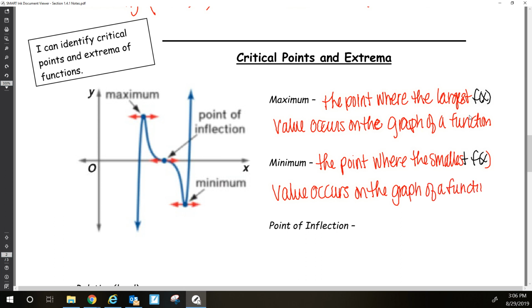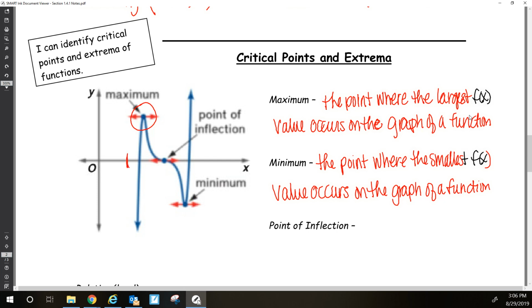If we look at this graph here to the left, it looks better in your textbook, so by all means, if you want to see a non-pixelated version of this graph, it looks bad on my computer, but you should be able to get a nice clear picture in your textbook, section 1.4.1. A maximum is a point that is the highest point for some interval of the function.